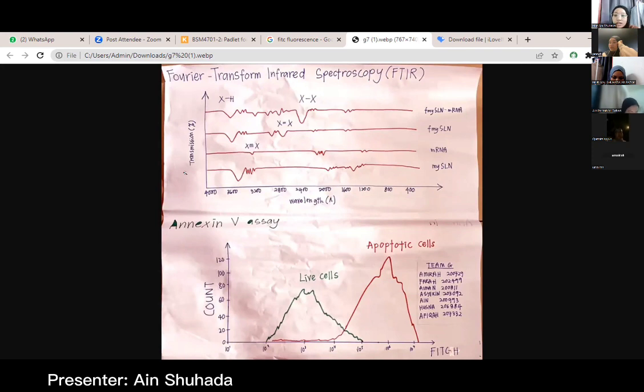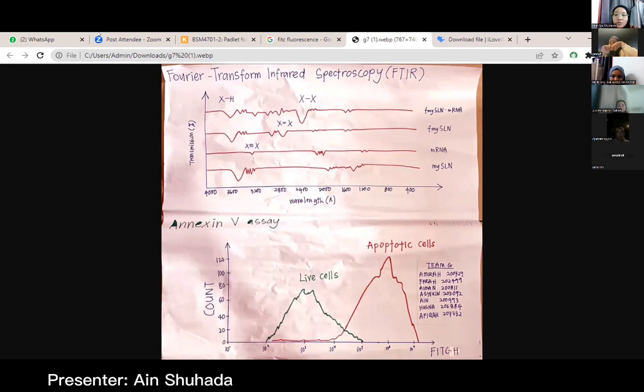Since we want to detect the cell, we put the fluorescence in the solid lipid nanoparticle. From that, there will be a new spectra, which shows a triple bond, hydroxyl bond, and also double bond.